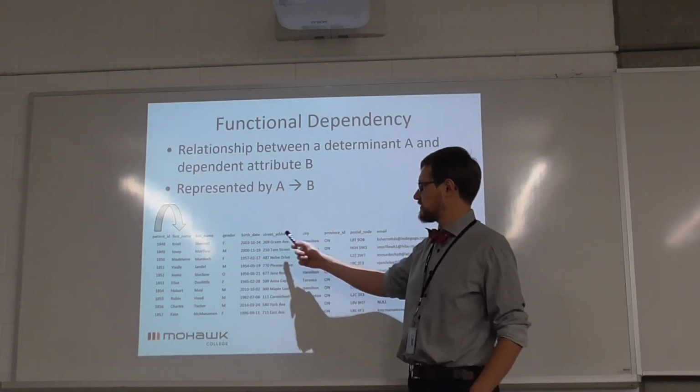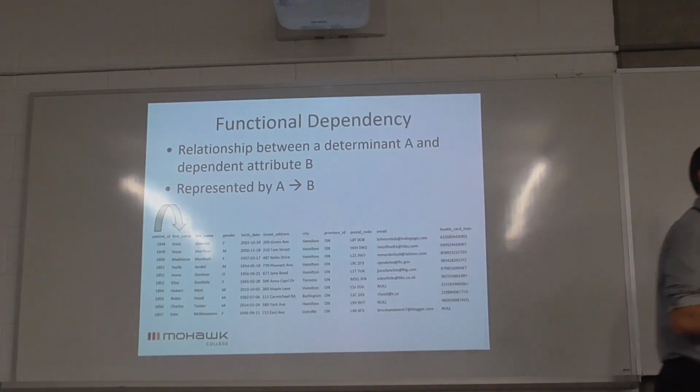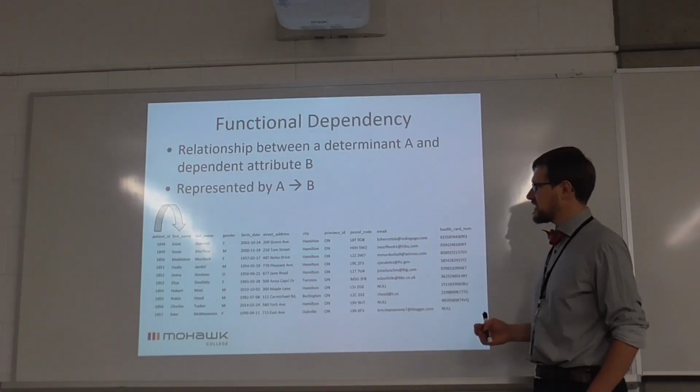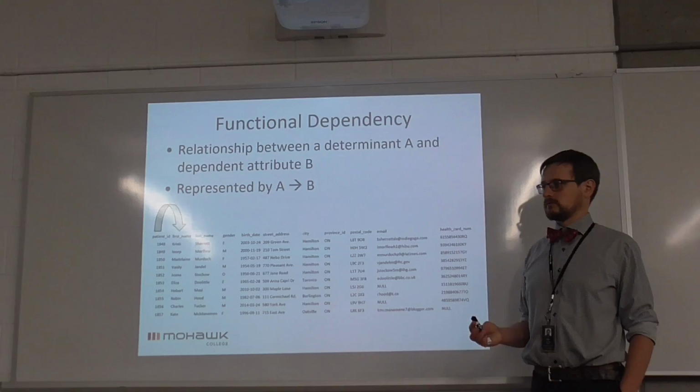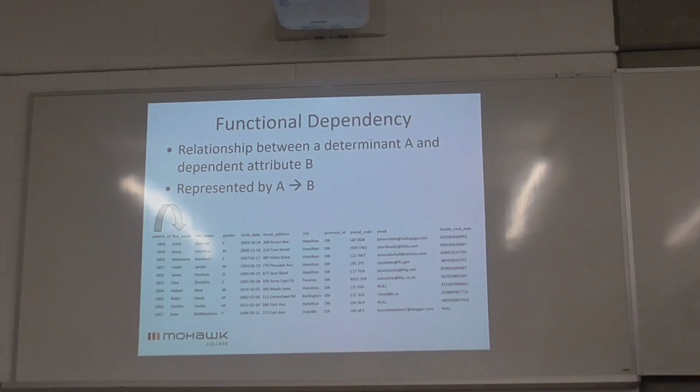Address is street address, city, province, postal code. An atomic attribute is essentially anything that's not that. Right? Anything that's not composite is atomic. Atomic just means it stands on its own. It is an atom. It is an indivisible attribute.